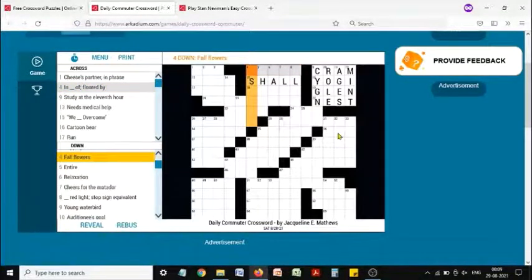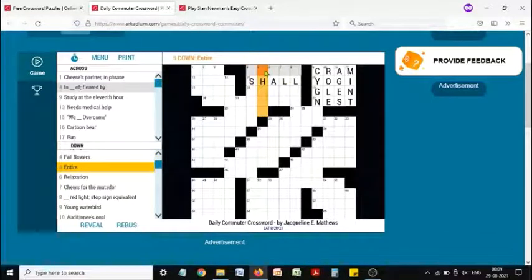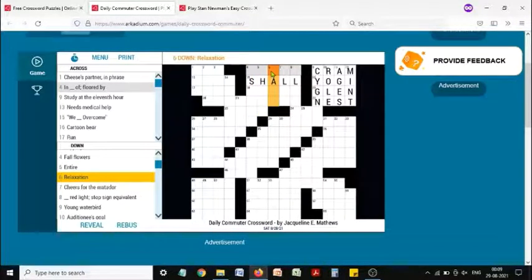Fall, flowers, entire. Usually when the second letter is an H, you have the first letter as T, right? But entire, oh. Relaxation. This could be ease, E-A-S-E, but I don't know.